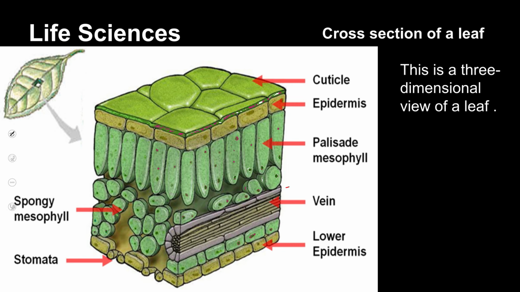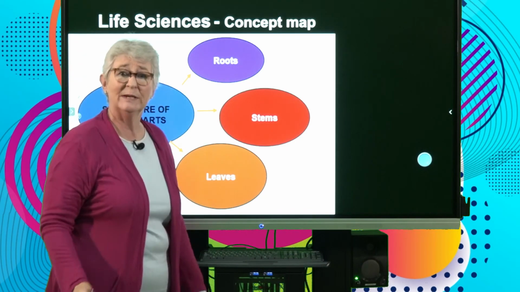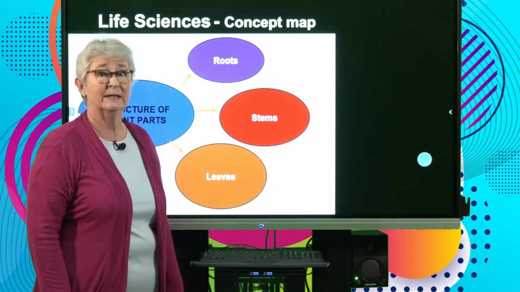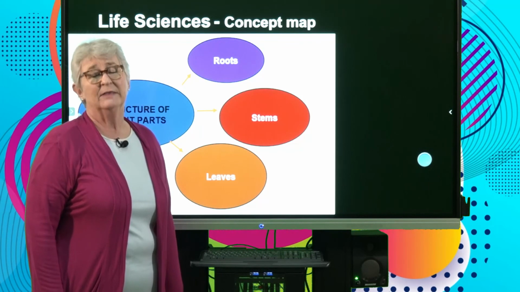It also shows quite nicely the leaf veins that travel throughout the leaf. What we have covered is we've looked at the structure of roots, stems, and leaves, and by now I think you guys need a break.